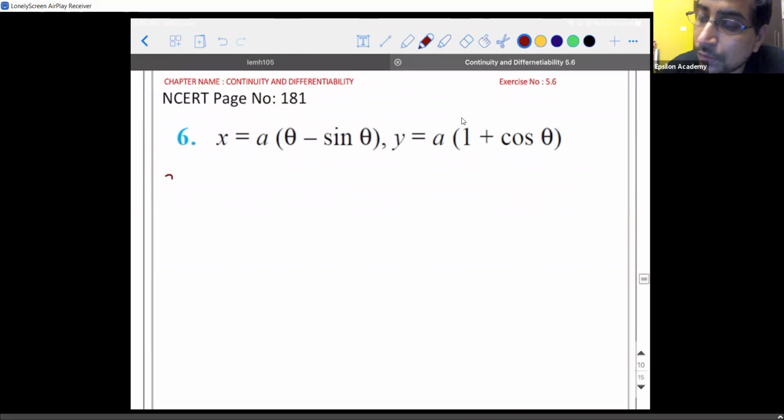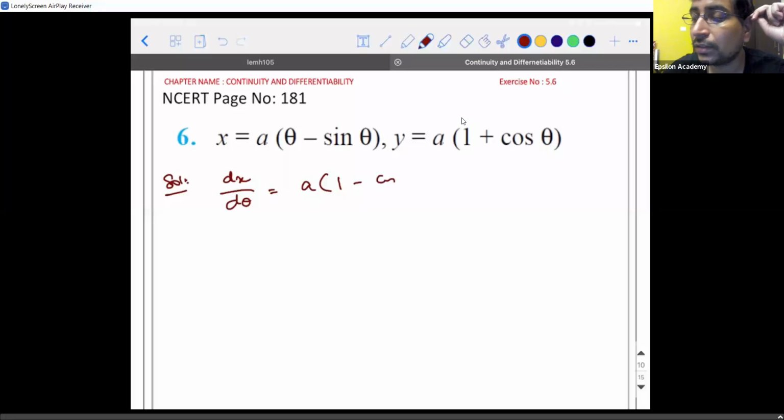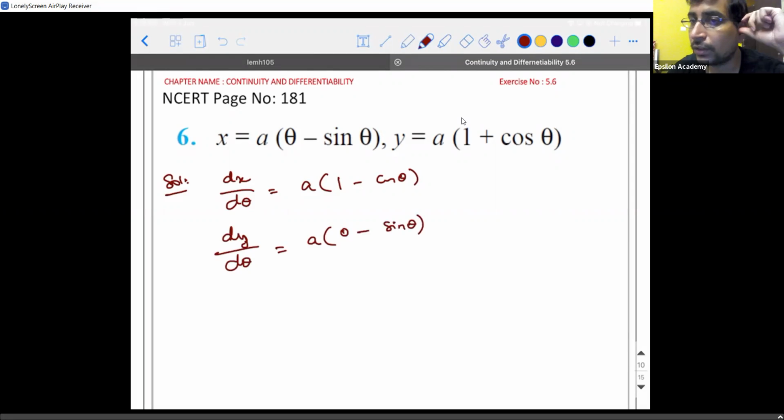So the solution for this is x is equal to a into theta minus sin theta. So dx by d theta will be equal to a into the derivative of theta, which is 1, minus the derivative of sin theta, which is cos theta. What is dy by d theta, guys? A into the derivative of 1, which is 0, minus sin theta, because the derivative of cos theta is minus sin theta, right? So what is dy by dx then?